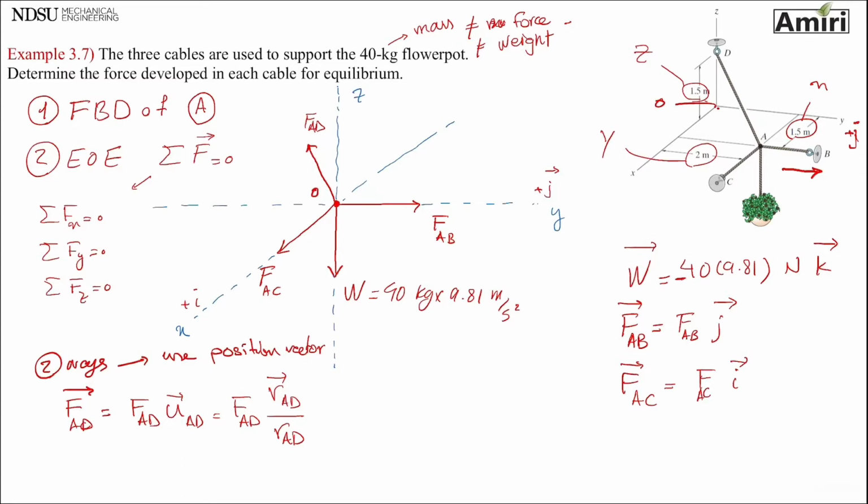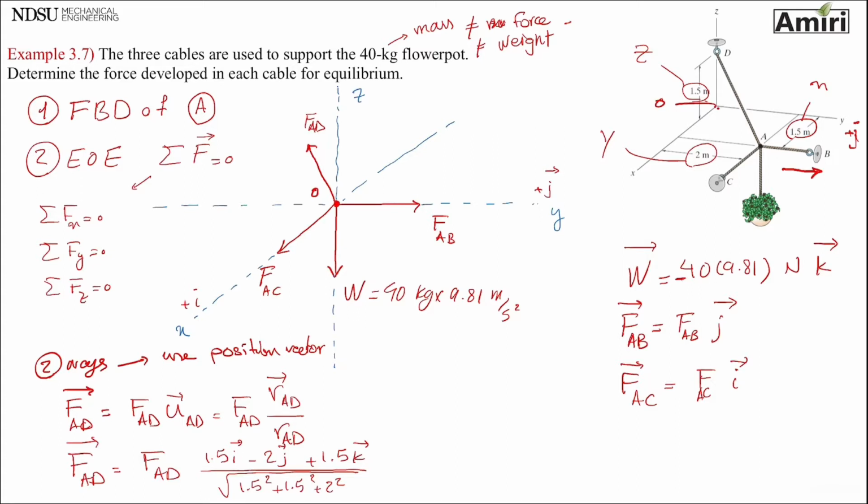So remember, the shortcut I taught you, which is exactly doing the position vector but in a much faster way, was FAD equals FAD. Remember, X, Y, Z, they go on the bottom, so 1.5, 1.5, 2. And then X goes up 1.5 I. Y goes up 2J. And Z goes up 4K. This was the shortcut.